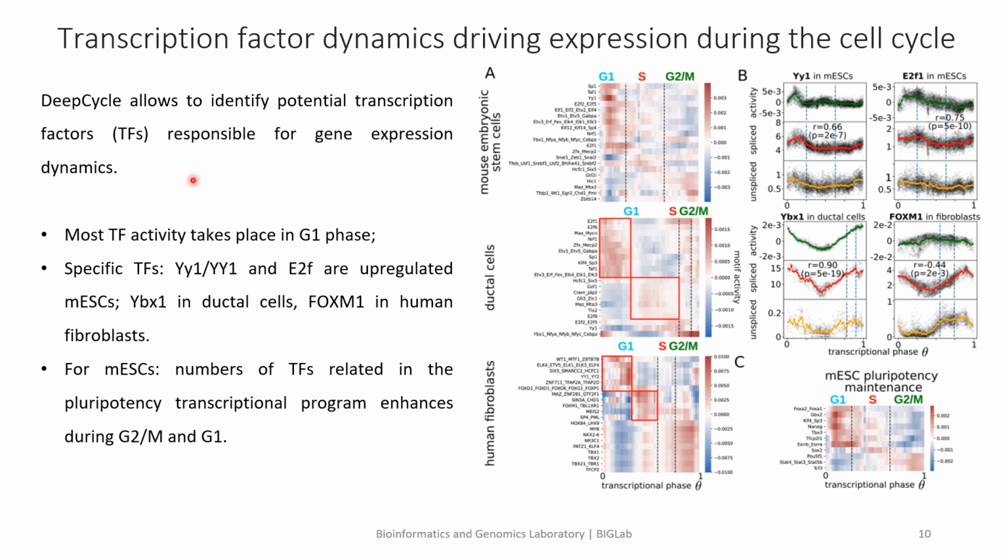The motif analysis predicts that most TF activity takes place in G1 phase, when the cells need to decide whether to go into another round of replication or to exit the cycle in order to accomplish a new function.